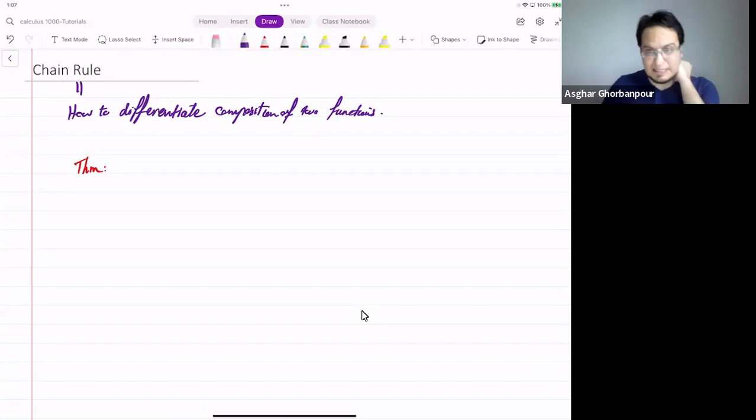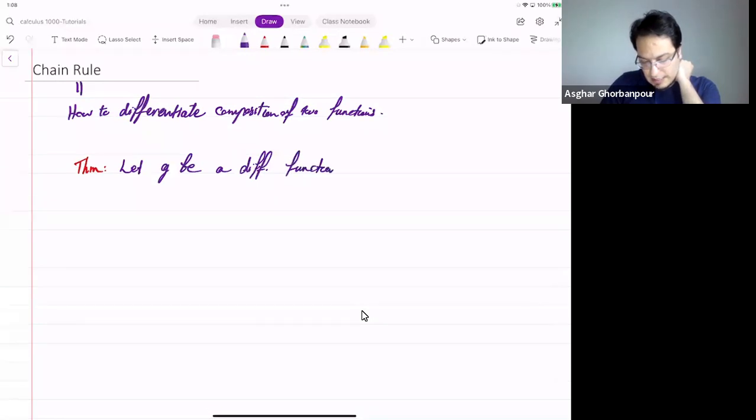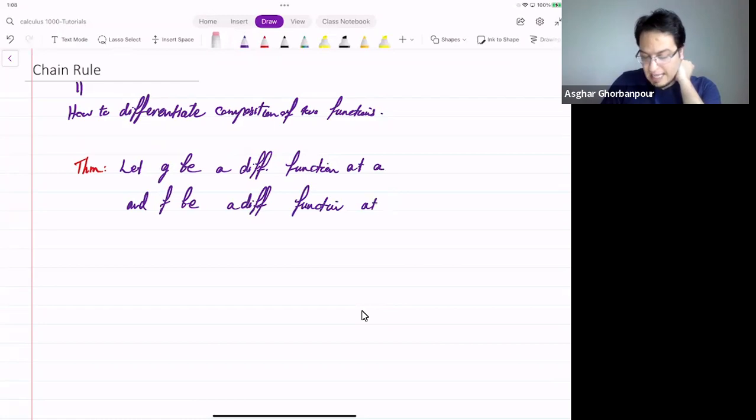I'll write a little bit of detail of this, saying: let g be a differentiable function at a, and f be a differentiable function at g at a. So g is differentiable at a, and f is differentiable at g(a).